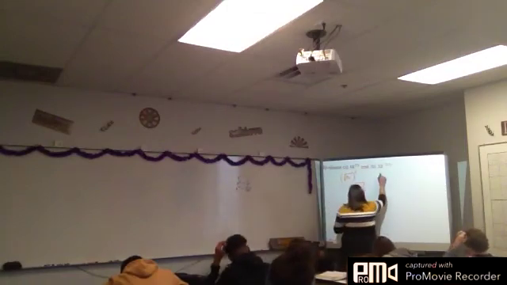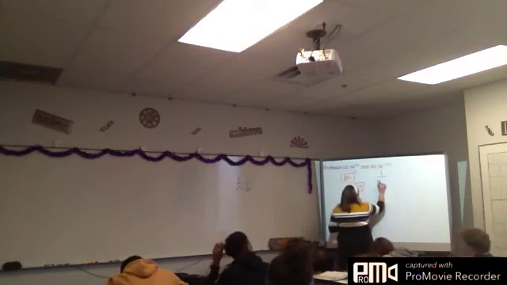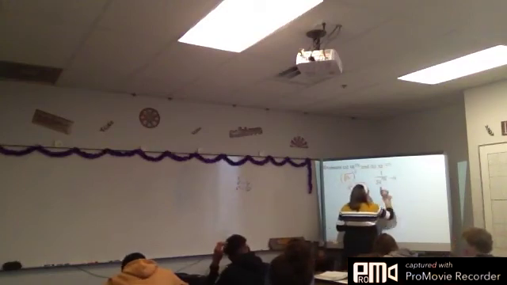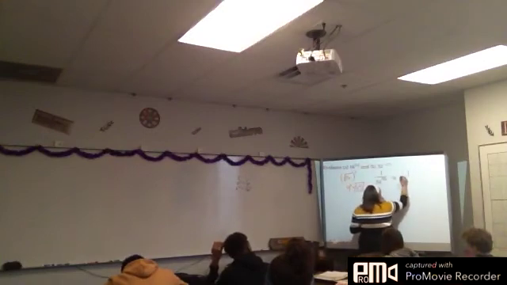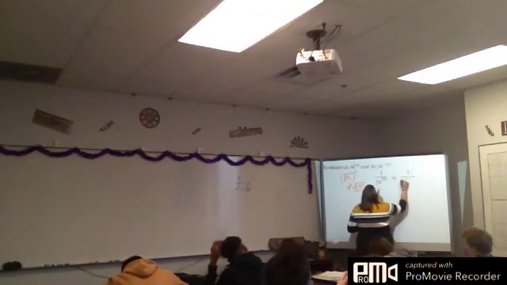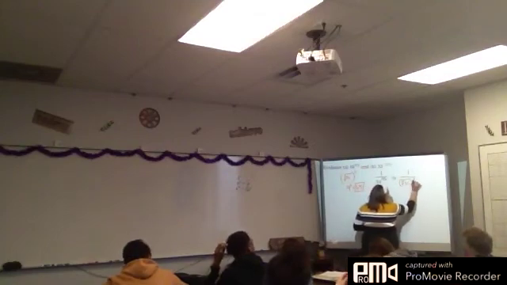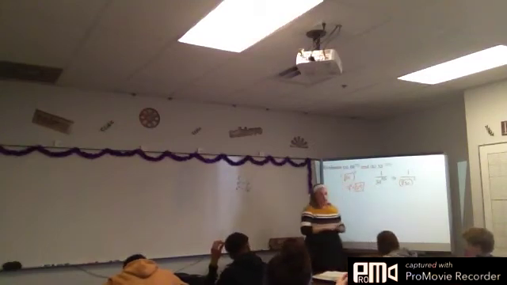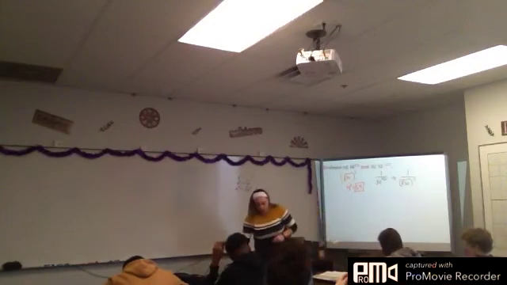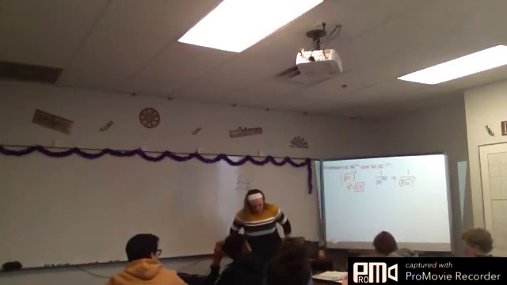So I'm going to say 1 over 32 to the 3/5. Now, what root am I taking? Yes, the 5th root of 32 cubed. What is the 5th root of 32? What number goes into 32 5 times?